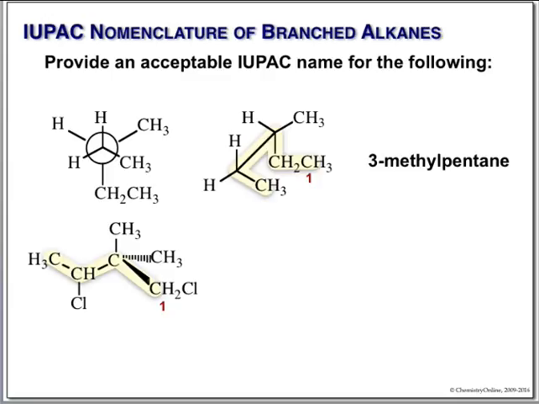So it's going to be a 1,3 dichloro, 2,2 dimethyl. And it's a butane. Why 1,3 dichloro? Well, we have 2 of them. One here on carbon 1, one here on carbon 3. So it's a 1,3 dichloro. So it's on 1 and 3.